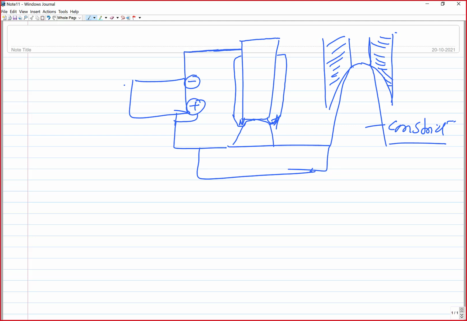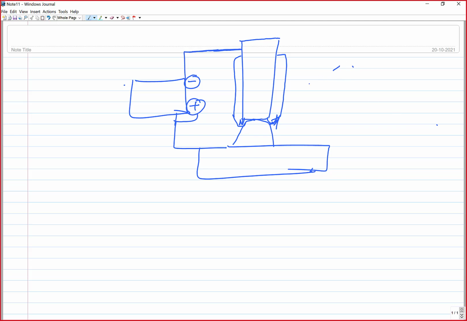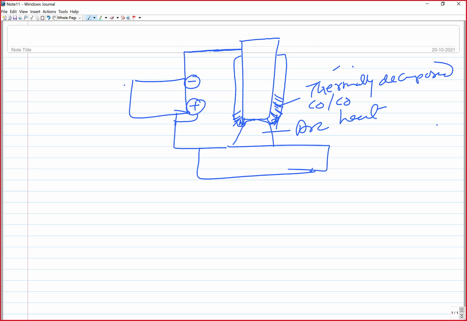So you see what is happening here. The arc generates a lot of heat, so this coating will be thermally decomposed, and it will produce CO and CO2, because there is a lot of charcoal, sawdust, calcium carbonate, etc. These CO and CO2 will form a blanket, cover or shroud around the welding arc and the molten metal.